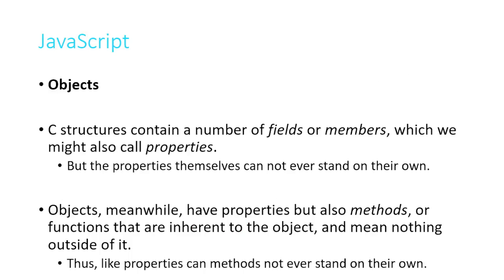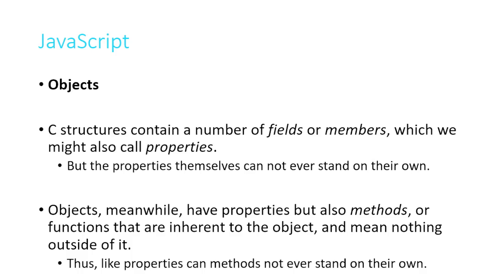Objects, in addition to having fields or members or properties, also have something called methods, which is sort of like if a C structure had a function that could only ever apply to that structure. So it's as if we have a function where structures are the only things that can be passed in. Now that we have in C, but we can't define a function inside of the curly braces of a struct.